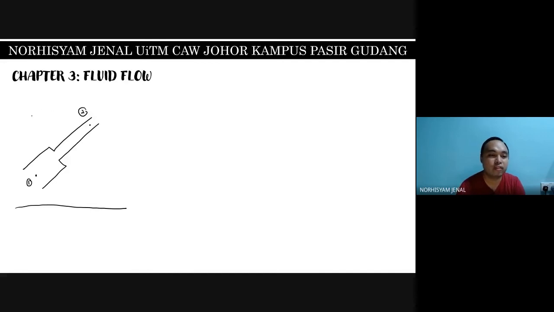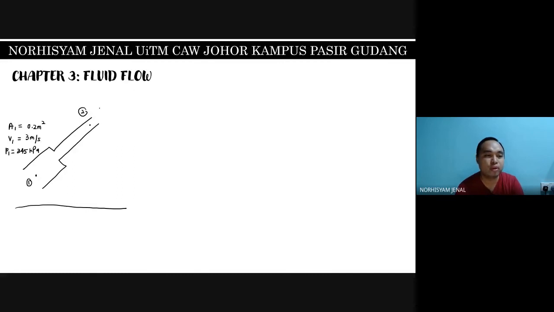So we have A1 equal to 0.25 meter square, and then we have V1 equal to 3 meter per second, and then we have, for example, P1 to be 345 kPa.